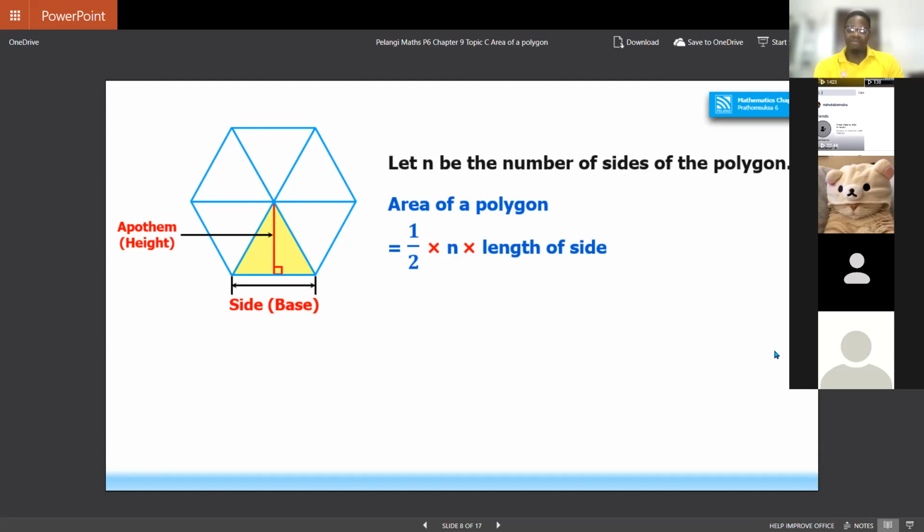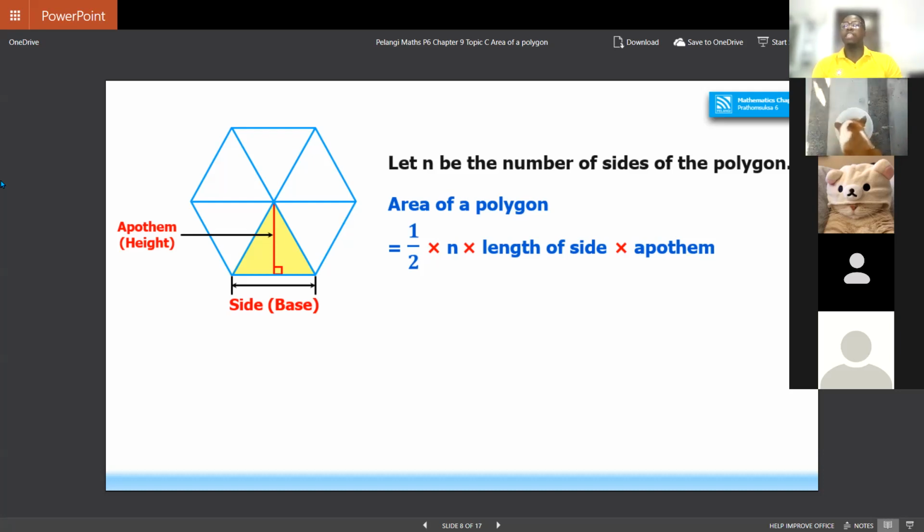Apothem, very good. Multiply by the apothem, okay? So this is the formula for polygons. It's that easy. So the area of a polygon is 1/2 multiply n, multiply length of a side, and multiply the apothem. I know it's a lengthy formula, but it's easy to remember. It's from the area of a triangle, okay?